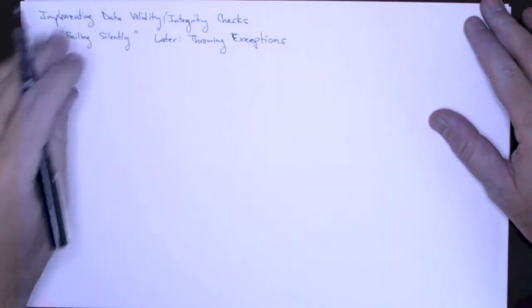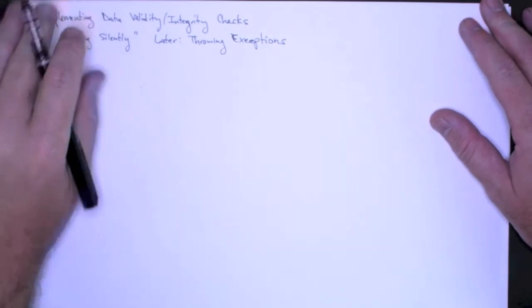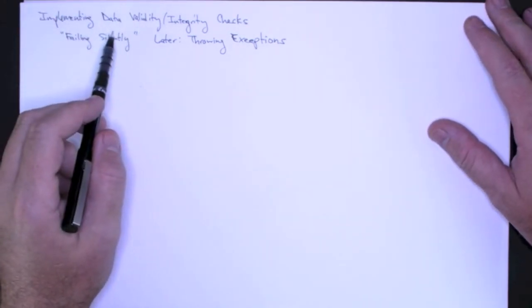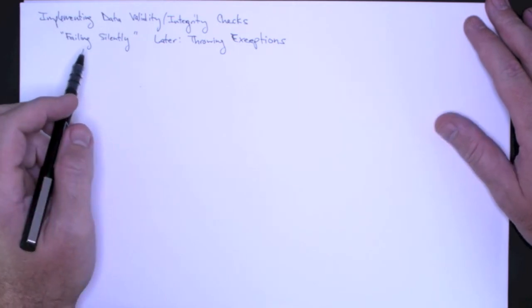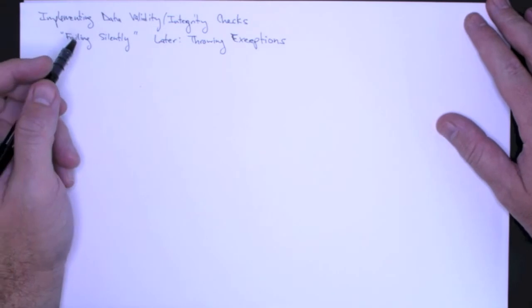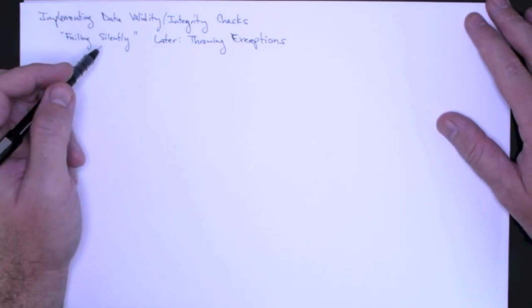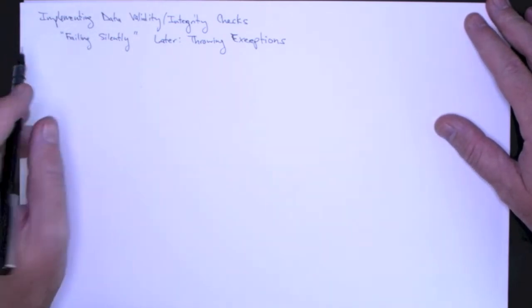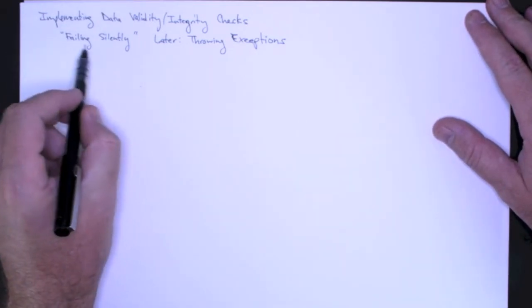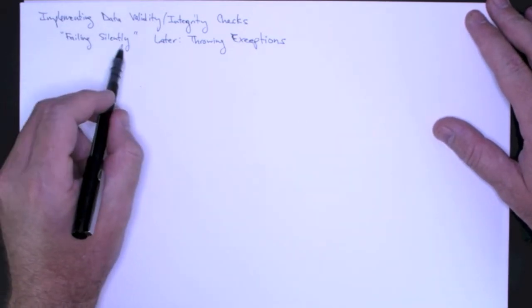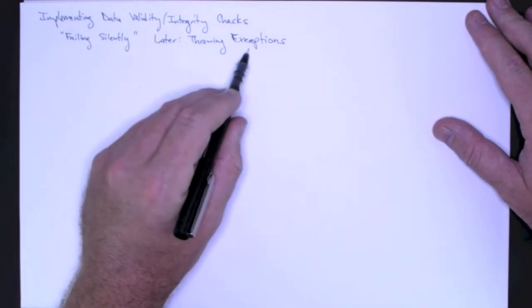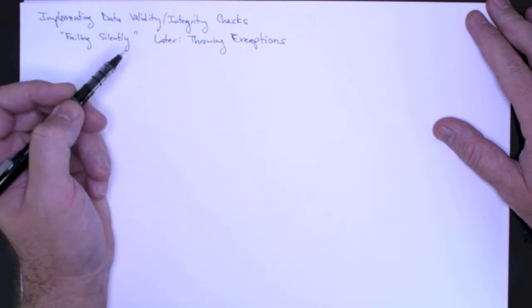Okay, so we pointed out the problems with our set methods. They're not doing any data validity checks, and so people can pass in values that are invalid, and you'll end up getting a time object that is not really a time object. The way we're going to do this is something I call failing silently. Really, the best way to do this is to throw exceptions, but that's a later topic.